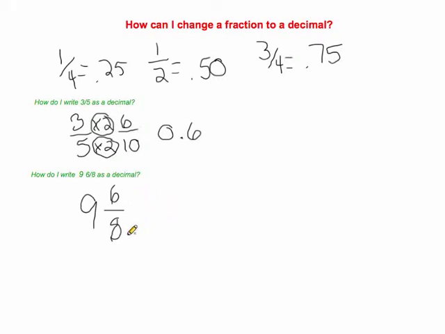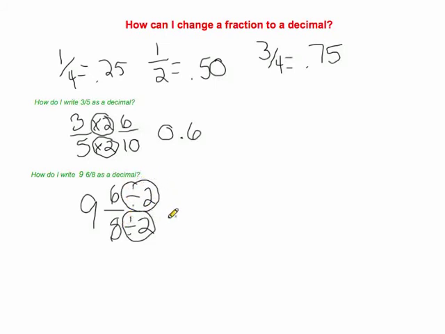So I know that 8, I'm going to simplify it, and I'm going to divide this by 2 because I know that they're even, so I can divide this by 2. If I divide the bottom by 2, I'm going to divide the top by 2.